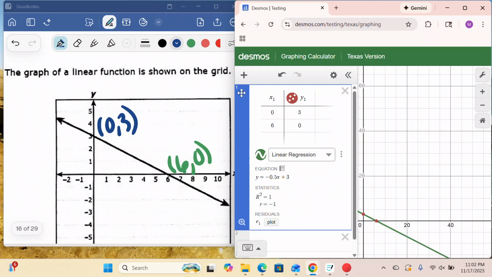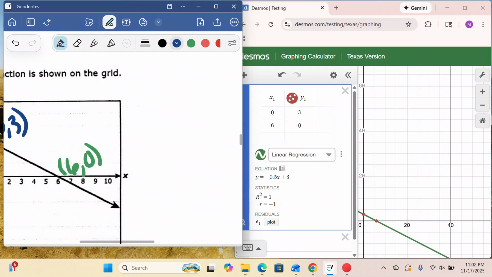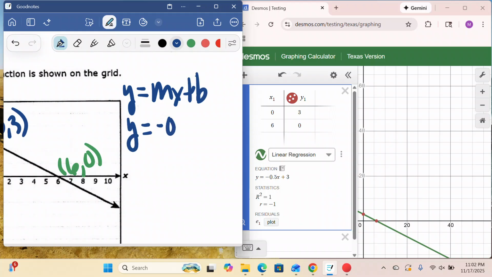My equation right there, my slope is right there. y equals mx plus b. So y equals negative 0.5x plus 3.